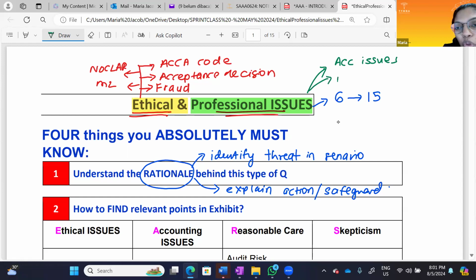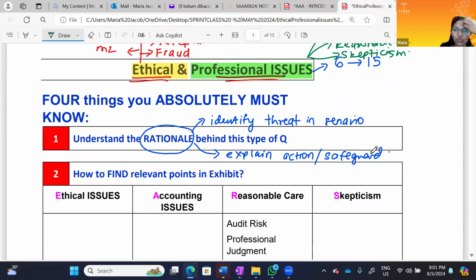It will be more to do with reasonable care, and it could be on skepticism. Okay, so we have to read the scenarios and carefully analyze. Is it an ethical question or a professional issue that they want us to address?